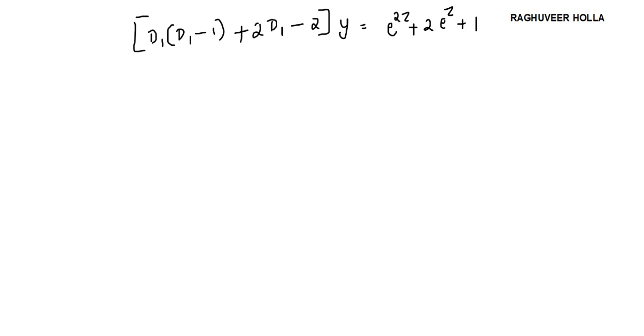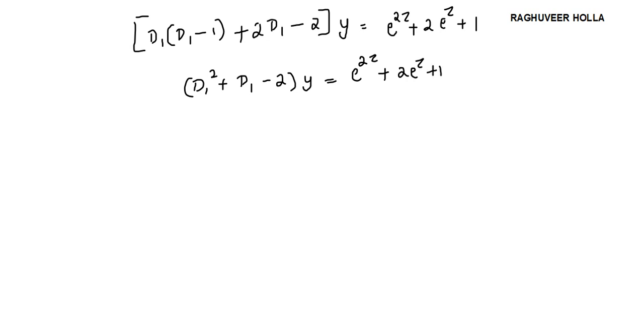Now when I try to simplify this further, I get d1 square plus d1 minus 2 multiplied by y, equal to e to the power of 2z plus 2 e to the power of z plus 1.